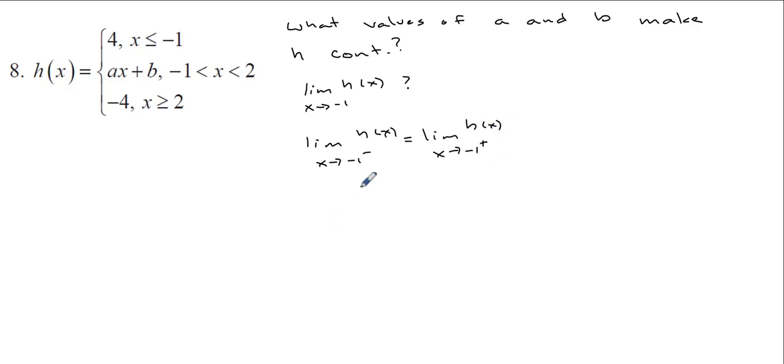What is the limit as x goes to -1 from the left? That's just 4. What is the limit as x goes to -1 from the right? ax plus b.